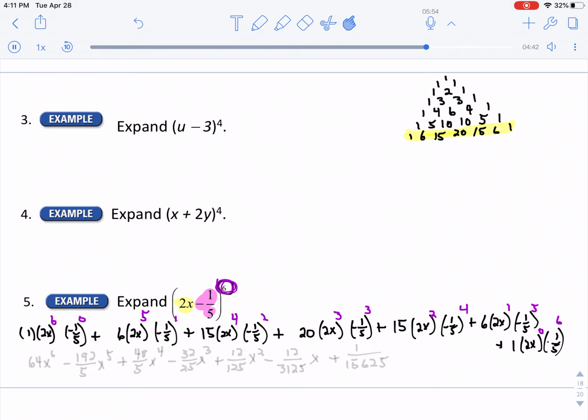Now, because this one is quite complicated, you're going to want to use a calculator. So I'm just going to really give you the answer to this once you do all of the math.